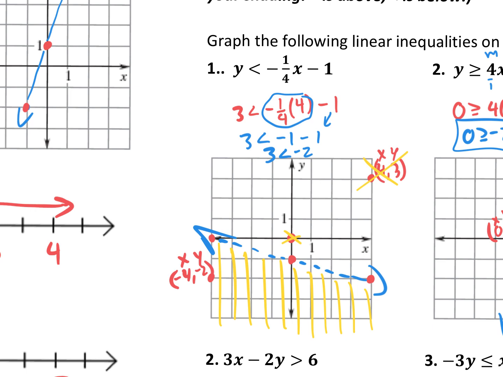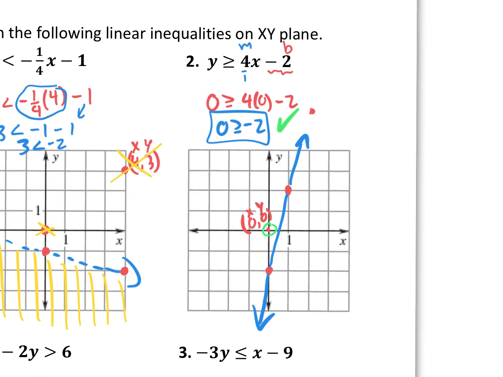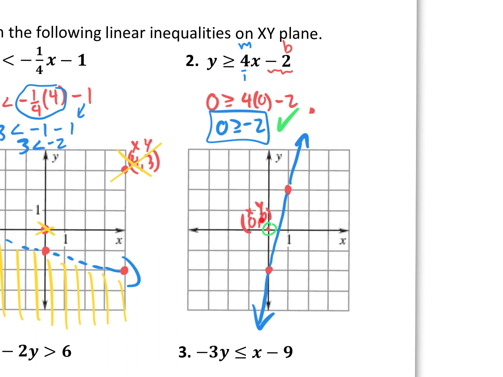Okay? Let's look at number 2. We haven't finished shading. We did test 0, 0. We already know it works. We know we're going to shade in the top. But let's pretend that we're just going off of that rule that if y is by itself, you could use this symbol to determine if you're shading above or below your line. So what does it say? Y is what? Greater than or equal to, right? So greater than on the y values is above.